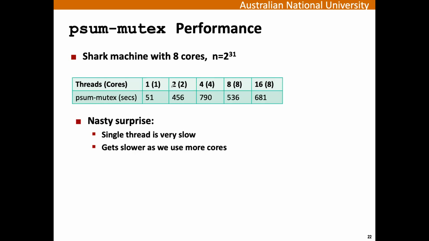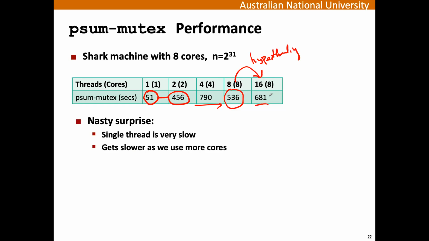50 seconds or so on a single core, and it goes up to 456 seconds with 2 cores, and it keeps going up. There is some anomaly here at 8 cores, and then this is hyper-threading, going from 8 to 16.